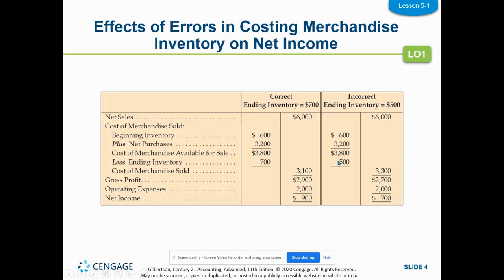Everything is the same except our ending inventory. So our costs went up, and we end up making less money.